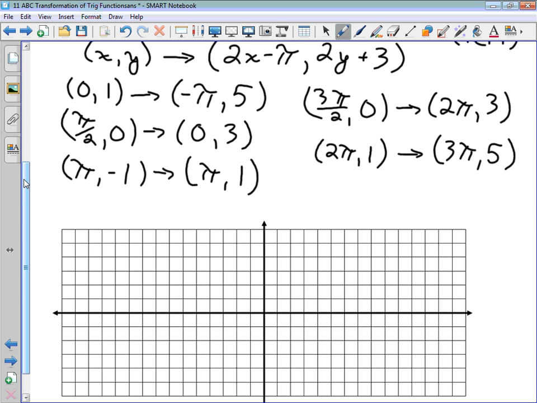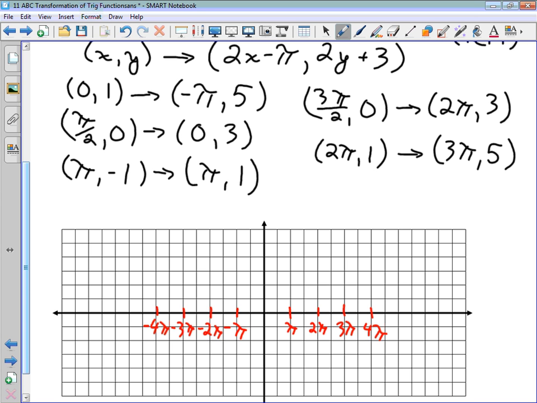So I'm going to scale my axis by, let's see, every box being pi over 2, so I'm going to go pi, 2 pi, 3 pi, and then 4 pi. Same thing in the negatives: negative pi, negative 2 pi, negative 3 pi, negative 4 pi. So that's going to get me my entire range on my graph like I want.